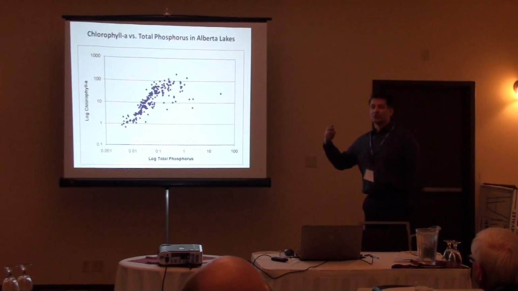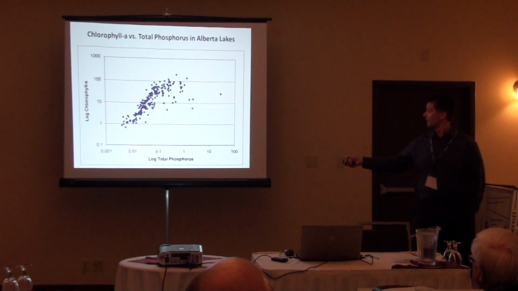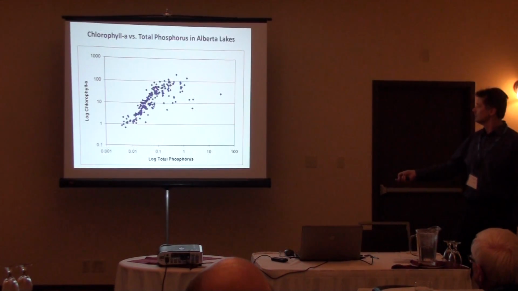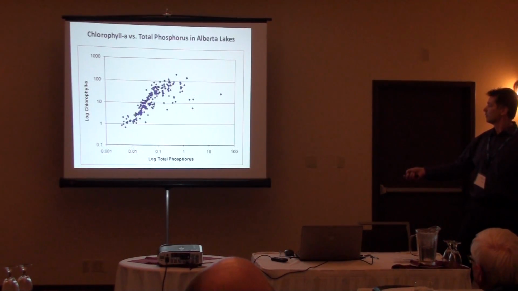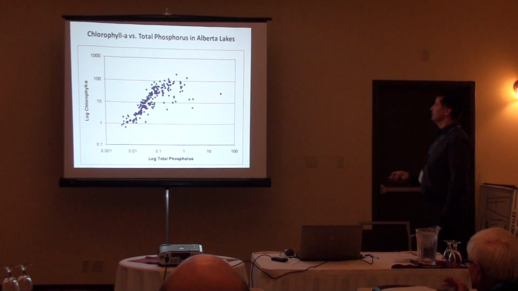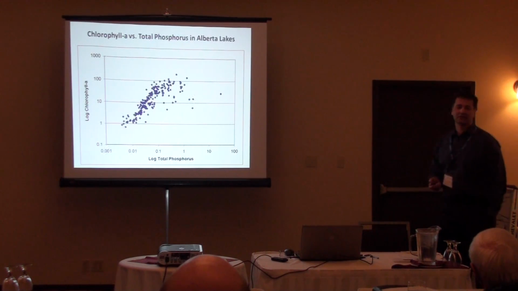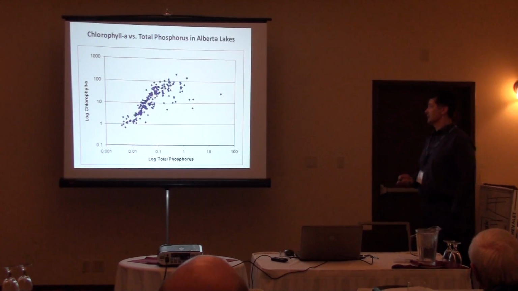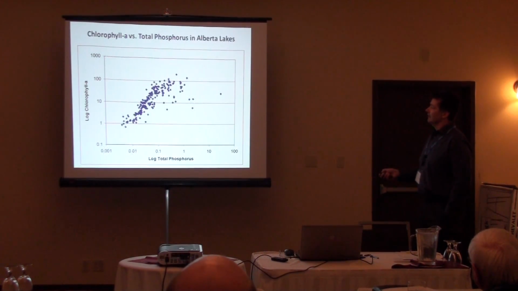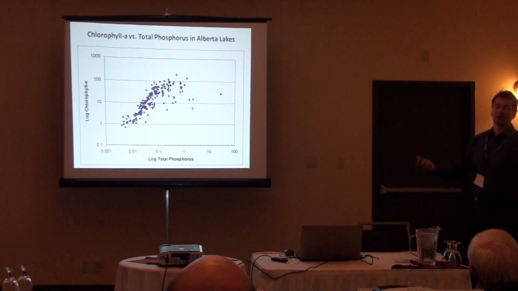And again, this is more of the provincial data set of phosphorus, log phosphorus on the bottom, on the X, and chlorophyll response. Now, it's pretty much a linear relationship. We do have saline lakes in the province that have plenty of phosphorus, but in saline lakes, you can have the phosphorus, but cyanobacteria and algae are limited by other micronutrients, so we don't see that show as high chlorophyll, as high biomass of algae.